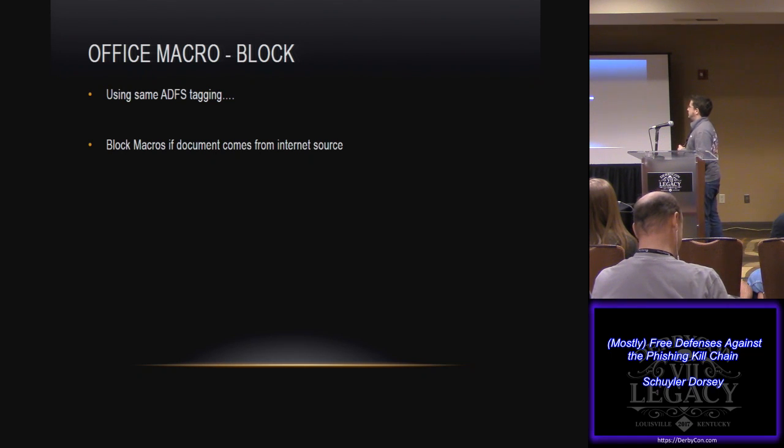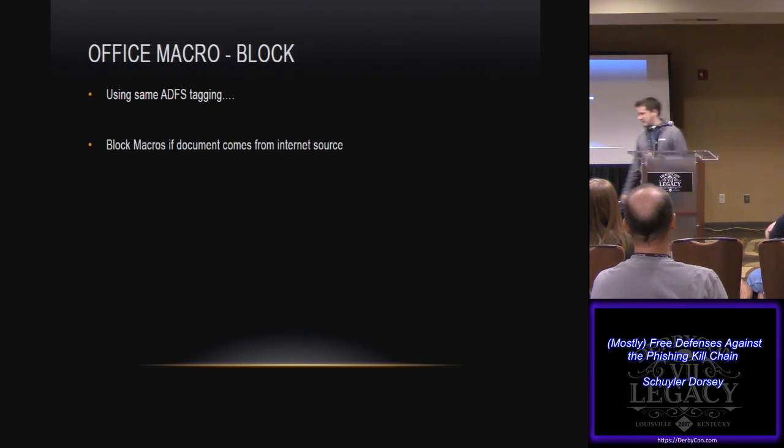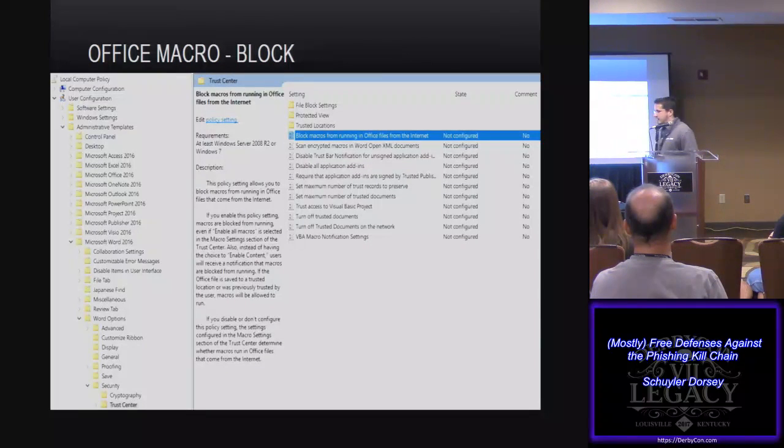So on top of that, we can look at ways to handle the macros themselves. There's a group policy that uses the same ADFS tagging to block macro execution if the file comes from the internet. This was, I think, first added in Office 2016, and I think it's been backported to 2013.